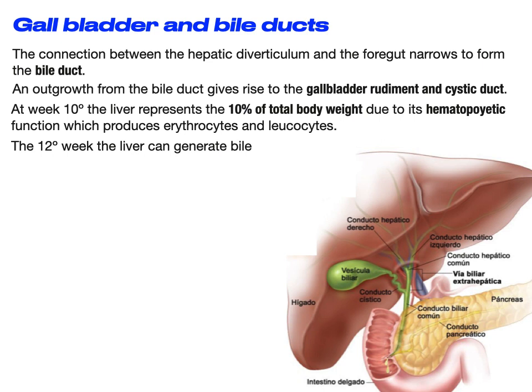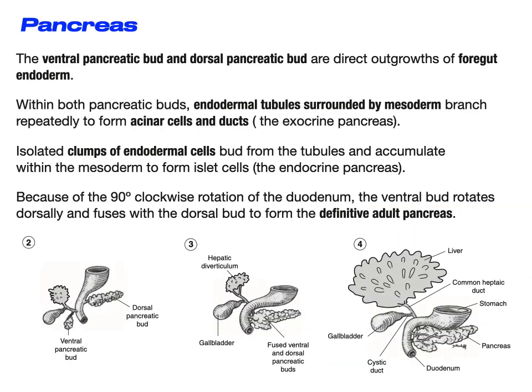For now, let's say that as soon as week 12, the liver begins to produce bile. You know that bile is produced with bilirubin, which comes from the destruction of the red cells, and the embryo already has red cells, so it has bilirubin and it has to produce bile.